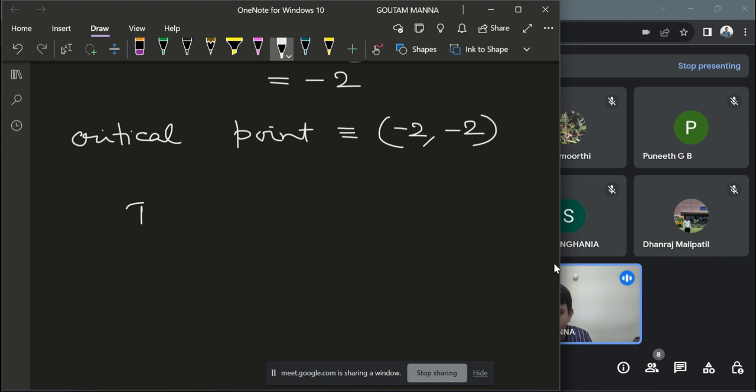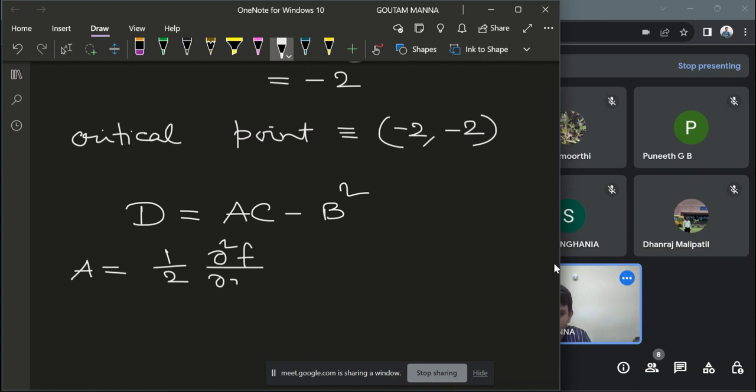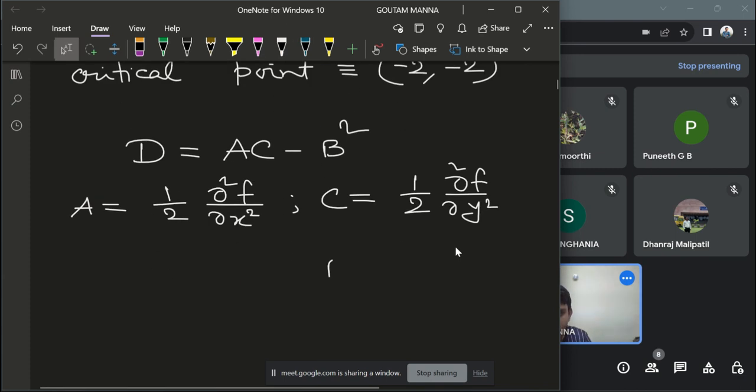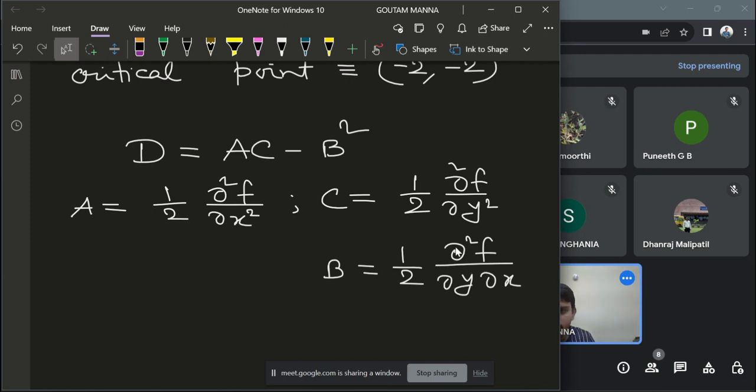The discriminant is defined as AC minus B square, where A is half del 2f del x2, C is half del 2f del y2, and B is half del 2f del y del x.